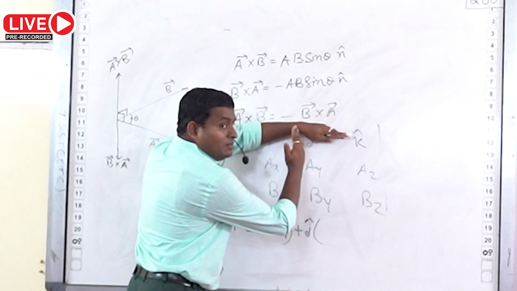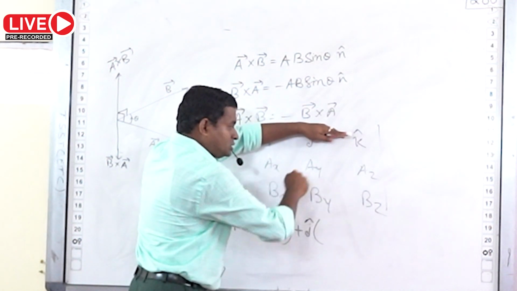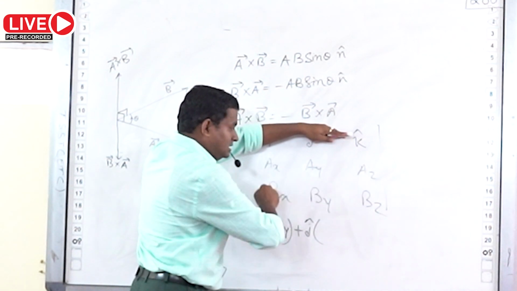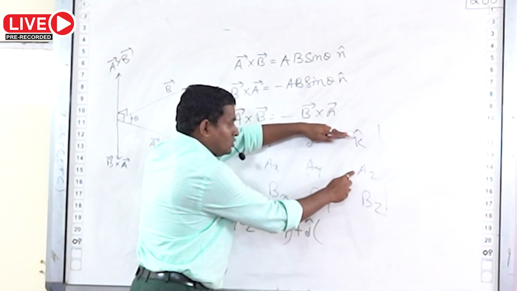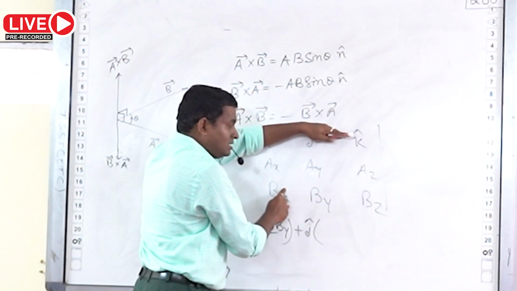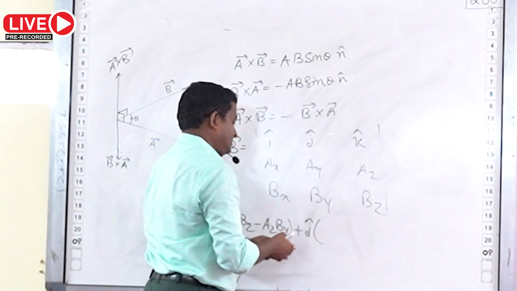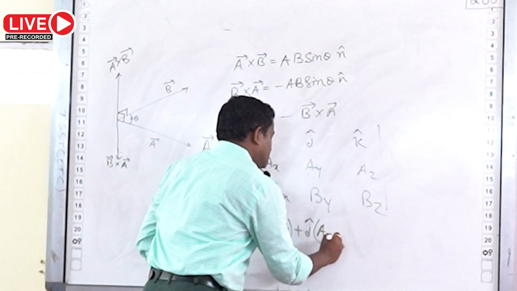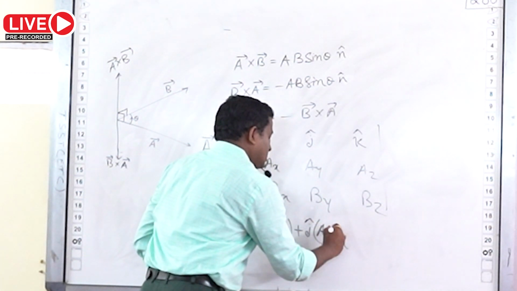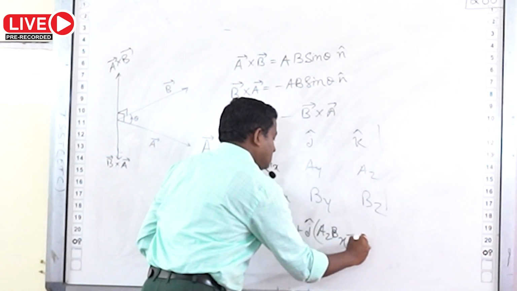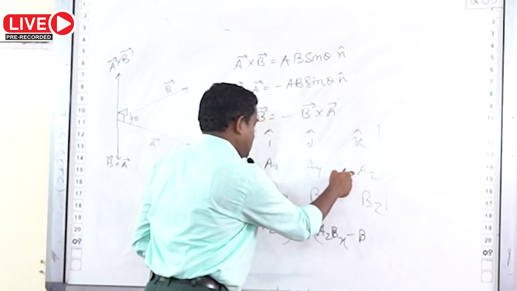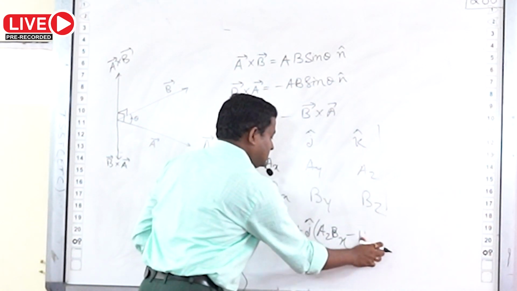Now the direction will be reversed, not this one, it is this one. So Az Bx minus Ax Bz. So Az Bx minus Ax Bz.